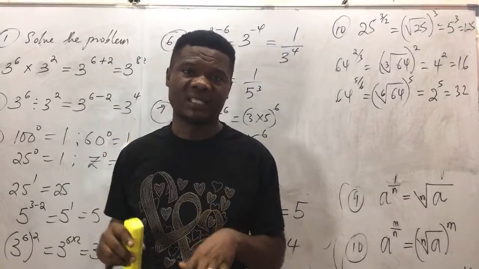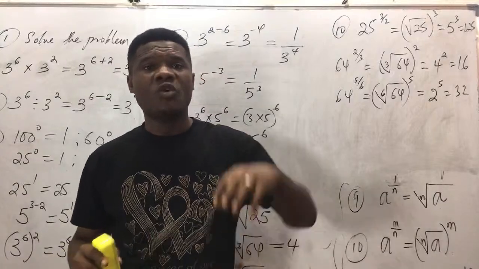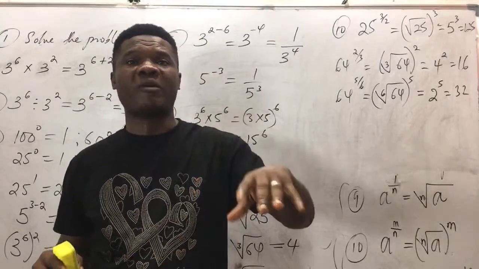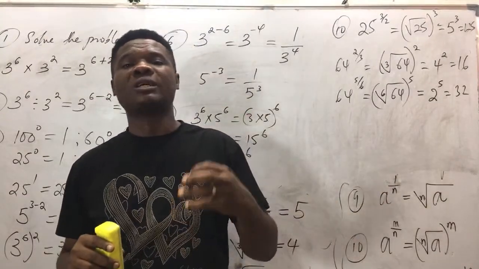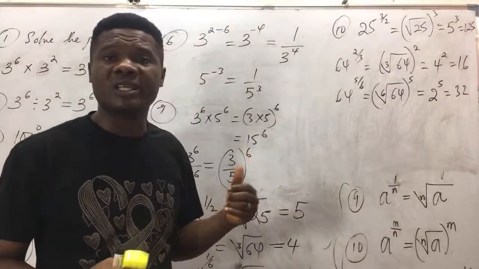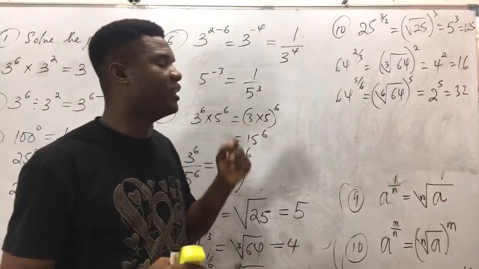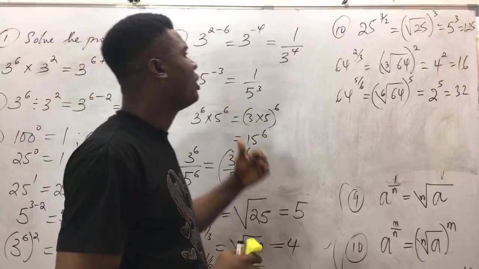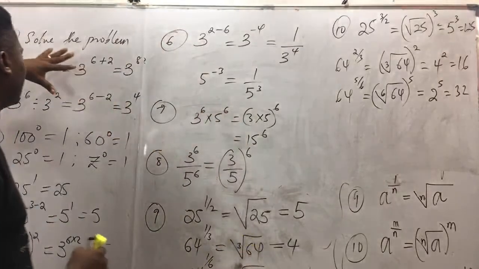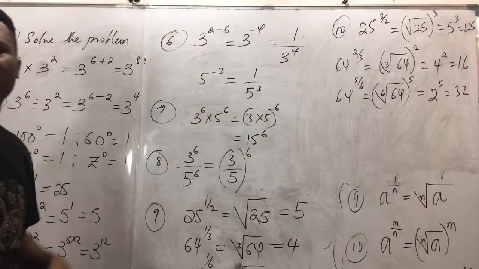And we have explained that in this video. What indices is defined to be, what index notation or index form of a number is, and what remarks can be made on the uniqueness or non-uniqueness of the index form of a number and the expanded form of the index form of a number. So at present we have just looked at the laws of indices and examples on the laws of indices.